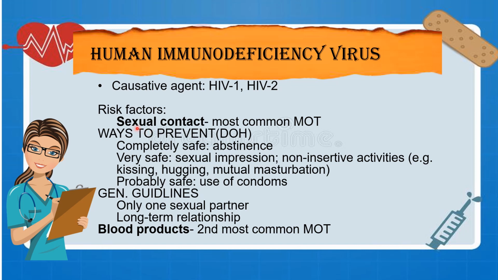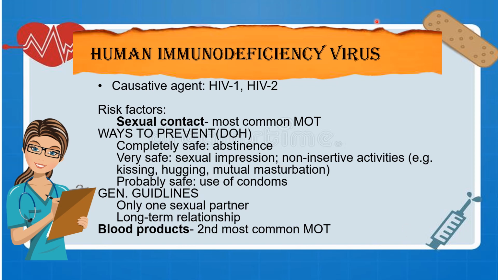So these are the risk factors. The most common mode of transmission is through sexual contact. And the ways to prevent, according to DOH: the completely safe way is abstinence, of course, to avoid having sex, particularly with a person infected with HIV.